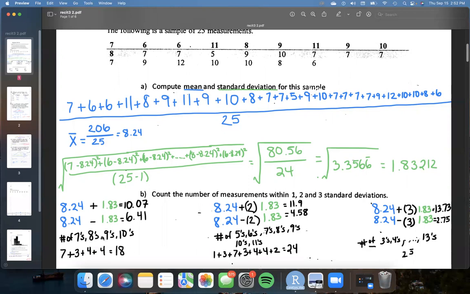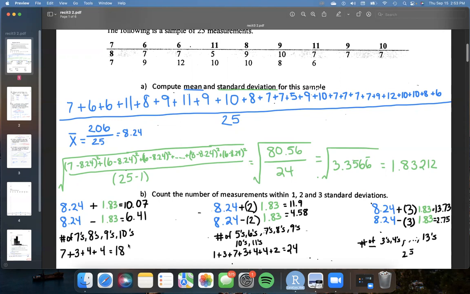And then I counted the number of 8s. You just go through and count, so there should be 3: 1, 2, 3. Then I did the same with 9 and 10. There were 4 9s and 4 10s. So when you add 7 plus 3 plus 4 plus 4, you get 18.